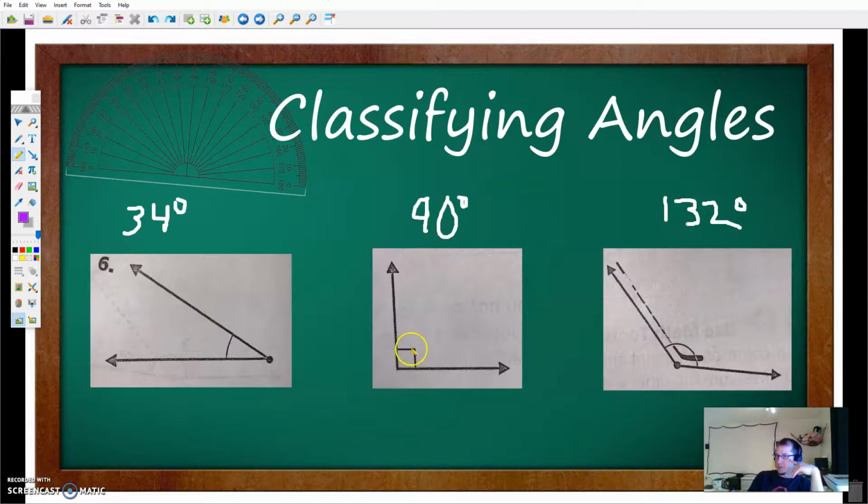So it is a perfect corner there. It will usually be signified by this little box in the corner. If it's supposed to be 90 degrees, they will usually have that drawn there. Now this is what we call, does anyone remember? This is what we call a right angle.